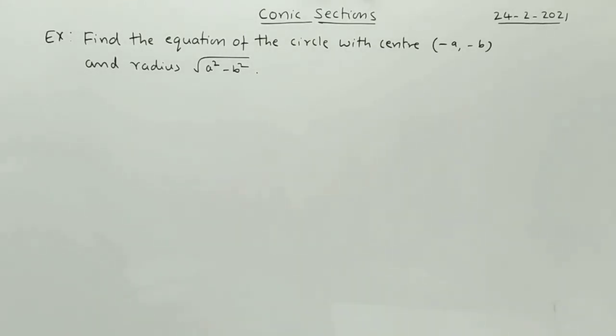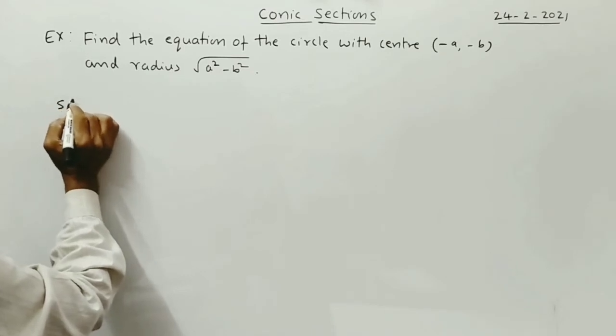Example: find the equation of the circle with center coordinates minus a, minus b and radius square root of a square minus b square.